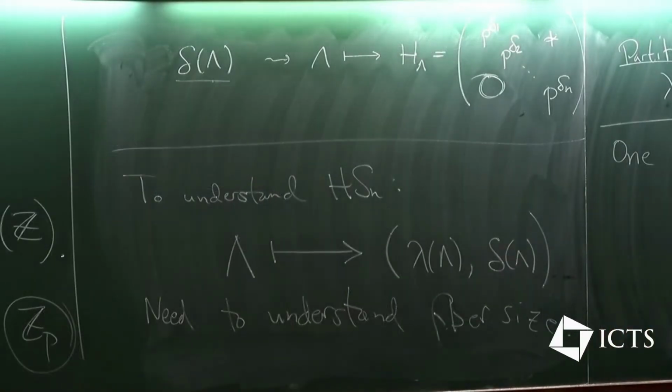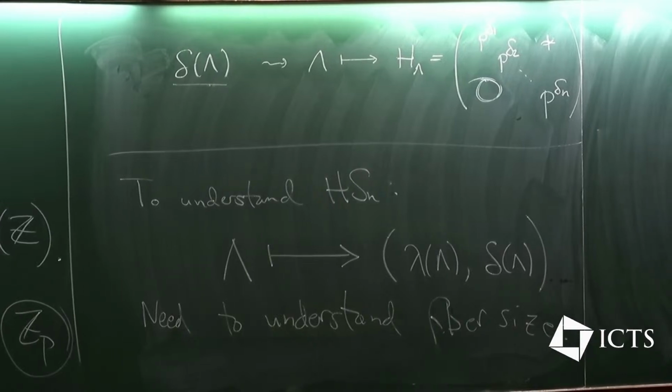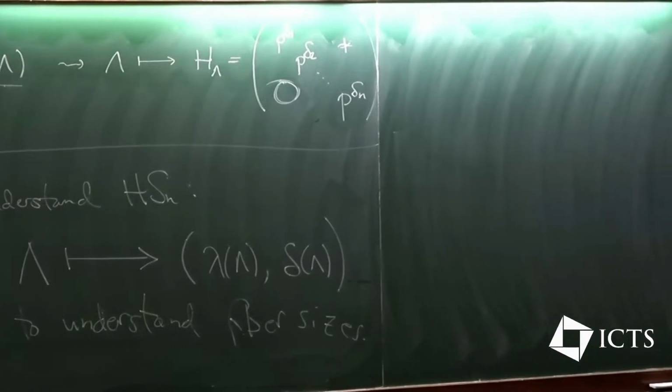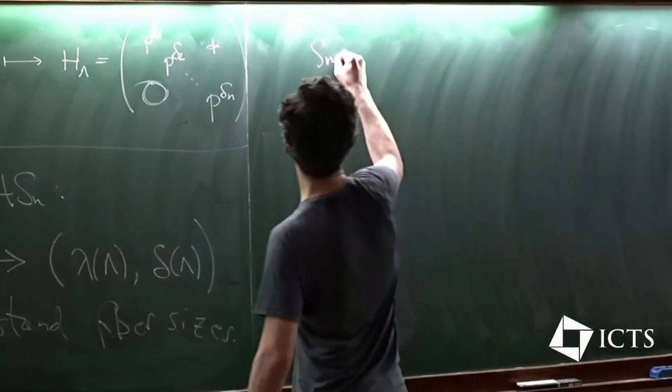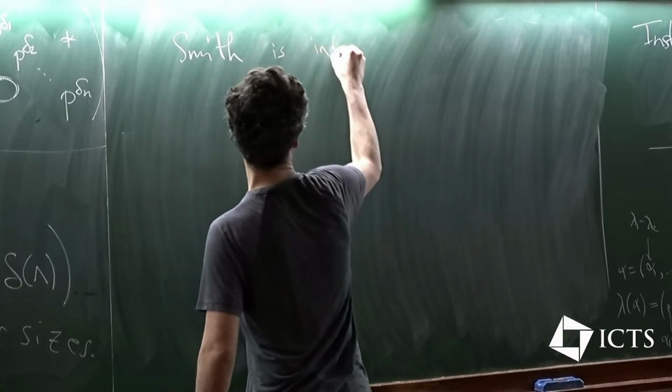Excellent. Okay. A note for those that want to think about the generalizations, think about this thing a bit more in general terms. Smith partition, just say Smith, is intrinsic to a lattice.